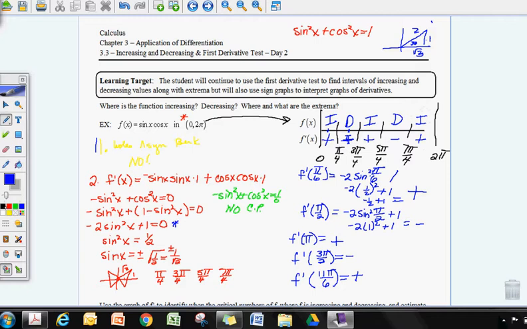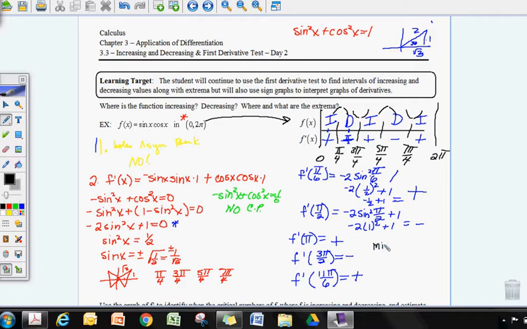Okay, so I'm the visual that needs to see this. Increasing to decreasing, I know that's a max. Decreasing to increasing, I know that's a min. Increasing to decreasing, I know that's a max. Decreasing to increasing, that's a min. So what did I find?